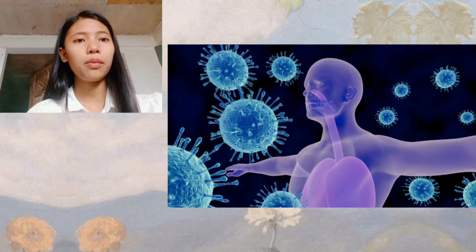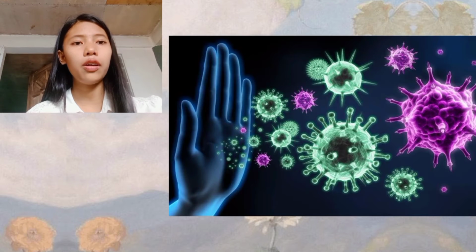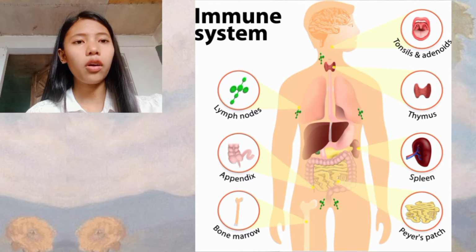Physiological function also plays a role in our immune system. Our immune system is the protector of our body from outside invaders and the defender against various diseases. It is made of different organs, cells, and proteins that work together.